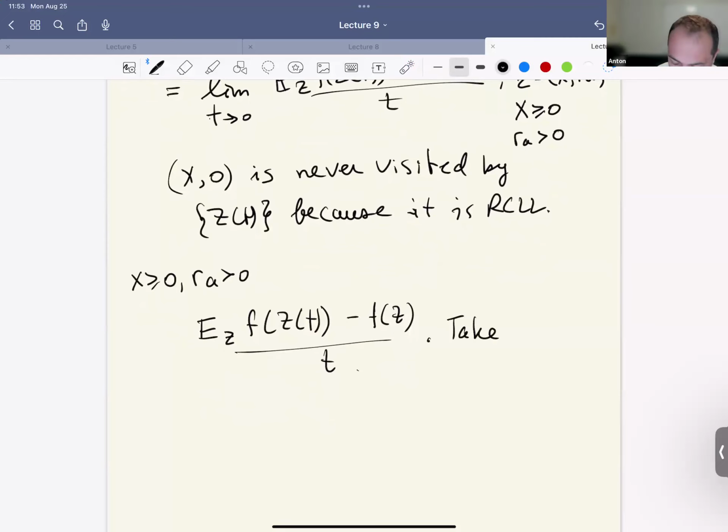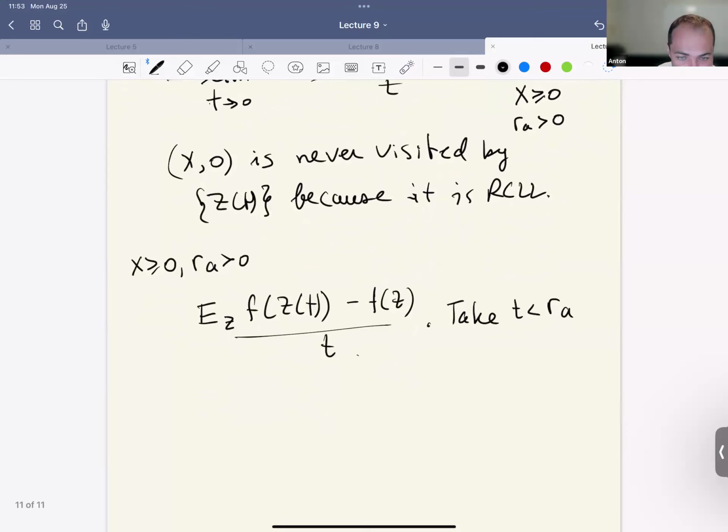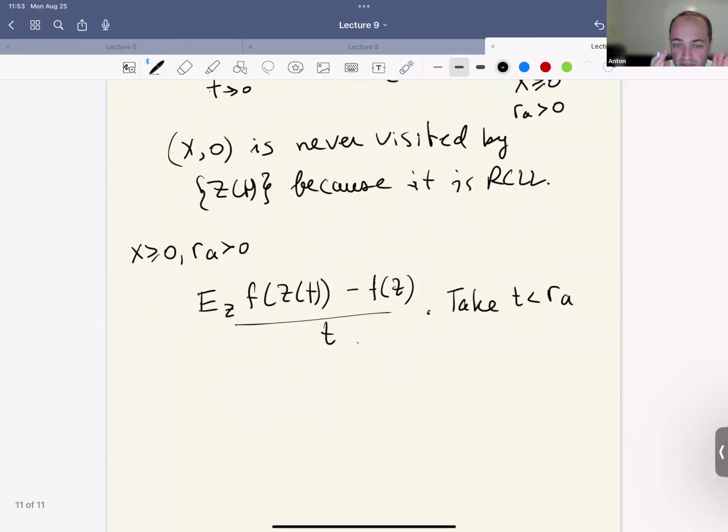What do I mean by not too far ahead? I take t to be smaller than the residual arrival time. Then from time 0 until time t, we have deterministic behavior. An expected value starting from 0, f of Z of t. This is basically f. I look at my workload, x.